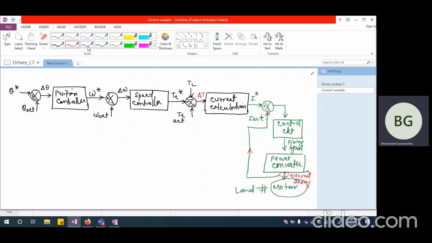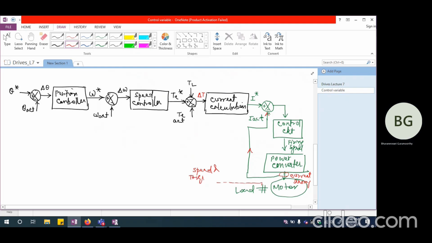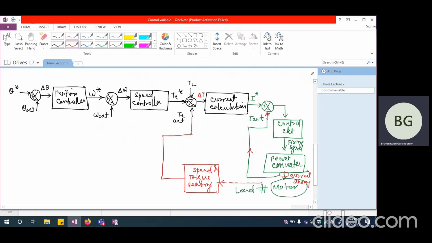And similarly, from this particular mechanism, I will have speed and torque sensing. So speed and torque sensing is done here, and that is going to give out the actual value of electromagnetic torque.